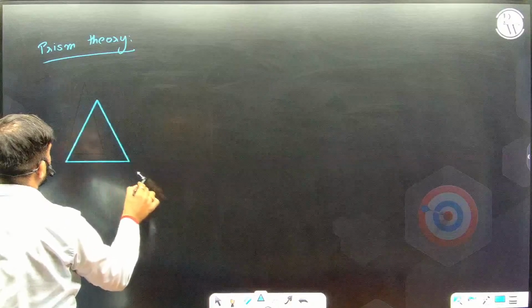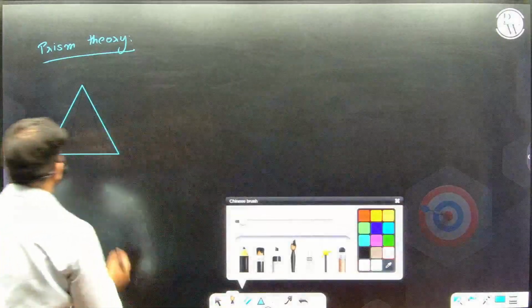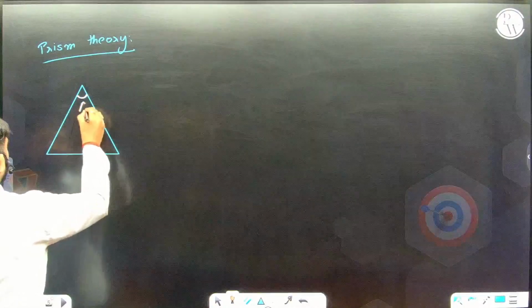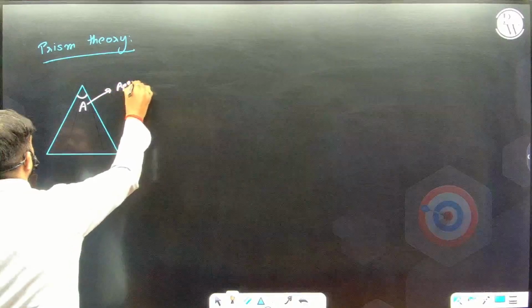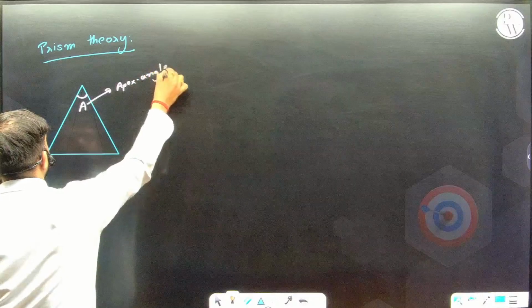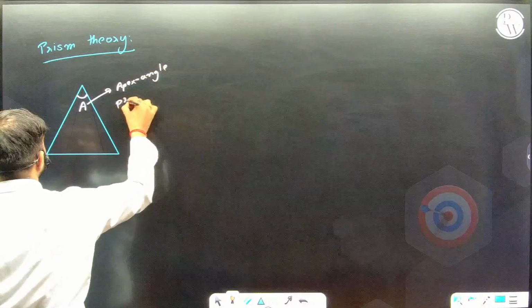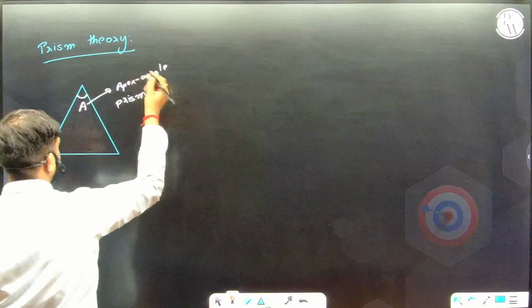So this is our prism, let's say. We define one of the angles as angle of prism or apex angle, also called prism angle or refracting angle.